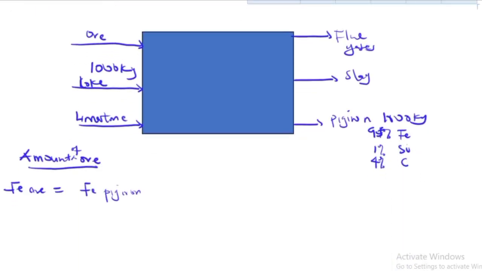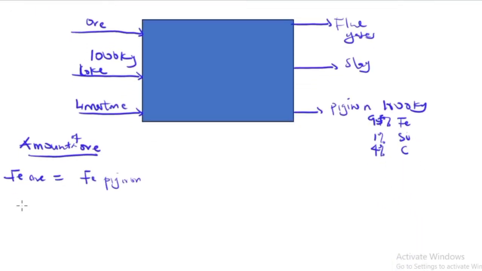For us to convert that into iron, we are going to do this. We are going to get 85 over 100 times, since we have the unknown, molar mass of unknown over molar mass of known. The molar mass of the unknown is 112 and the known is 160, because we have two irons in hematite.